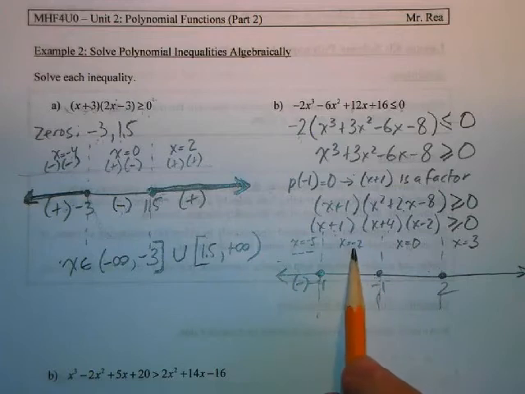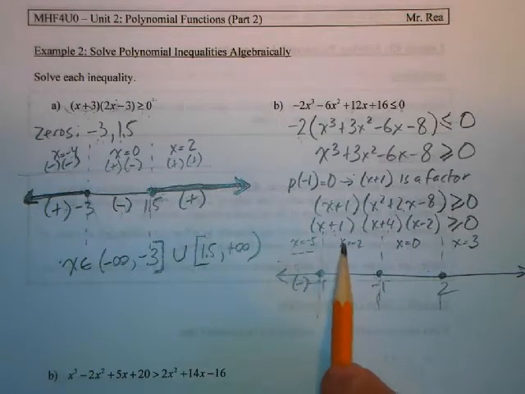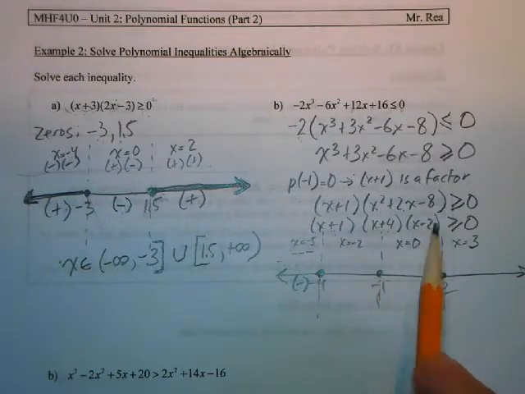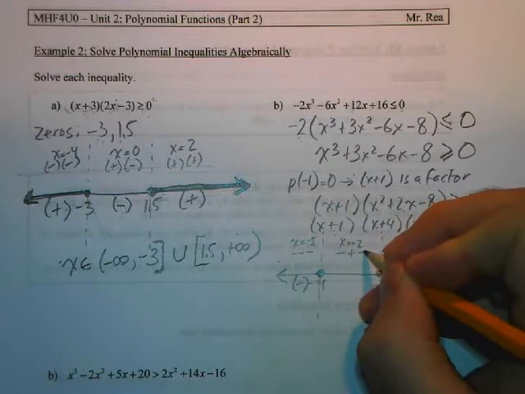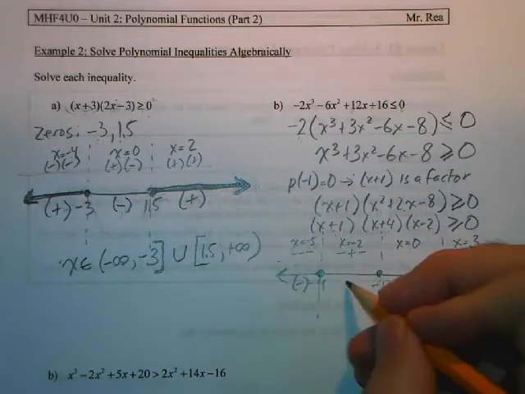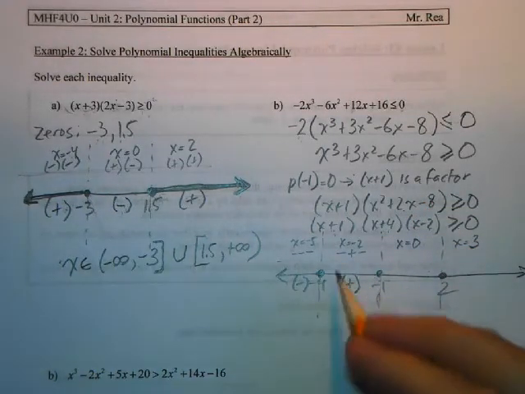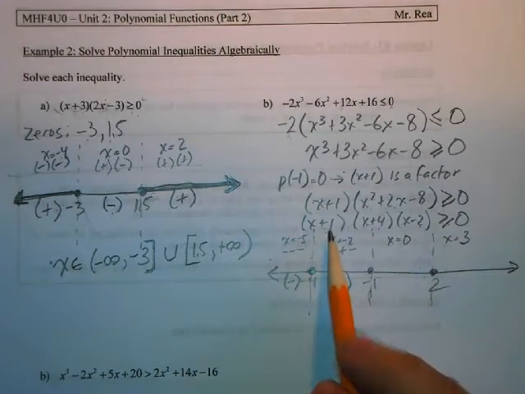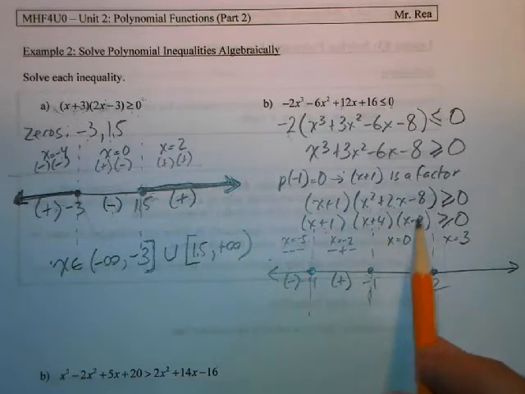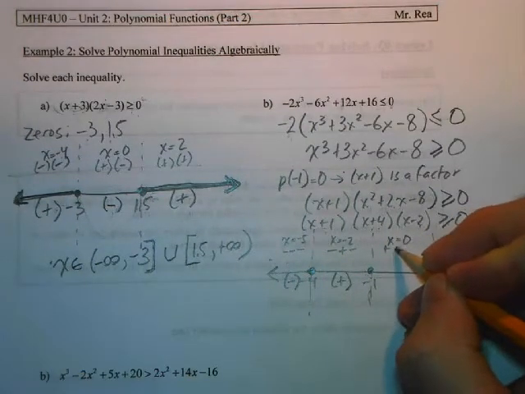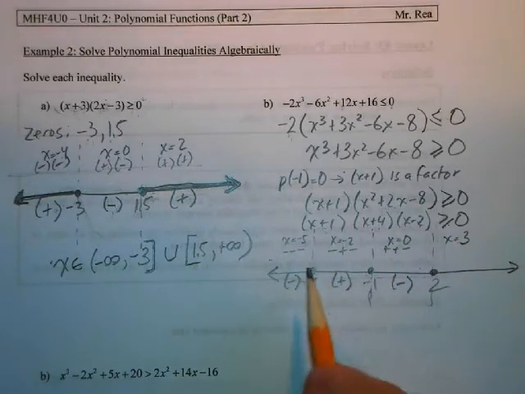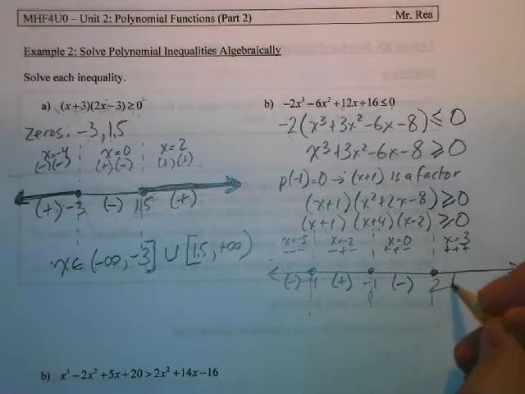If I plug -2 in, I get negative, positive, negative, which is positive overall because the 2 negatives turn to positive. Then 0 is positive, positive, negative, which overall is negative. And 3 is positive, positive, positive, which overall is positive.